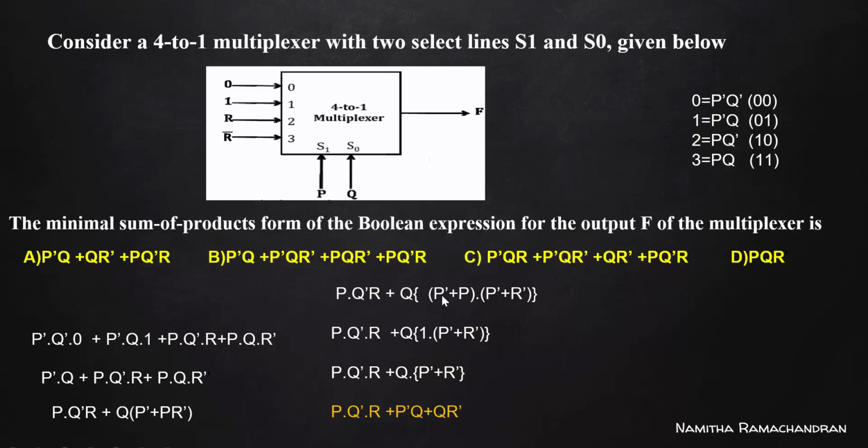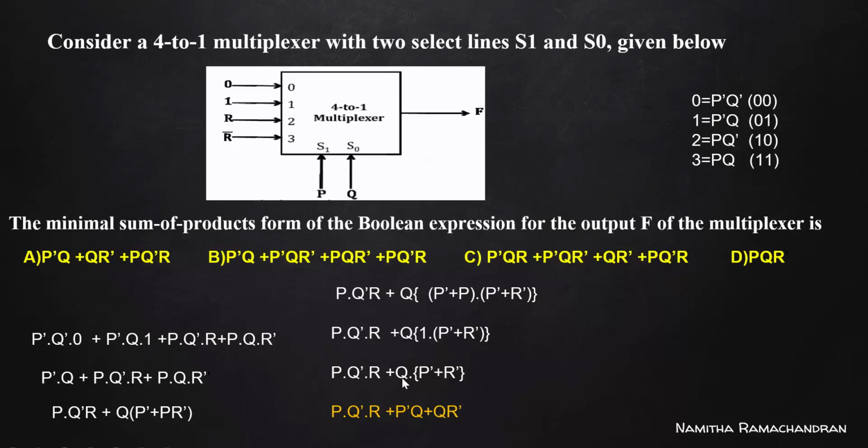We know that P dash or P is always 1. So we can substitute 1 instead of this. That is 1 and P dash plus R dash. So this becomes Q and, with 1 being the term itself, Q and P dash plus R dash.